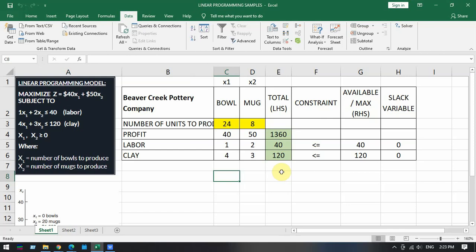Before we do the graph, let me show you first the second way of solving this. 24 and 8, this is the number that we got here. We have identified from our previous lecture that these are actually the numbers that will maximize our profit in our linear programming model.